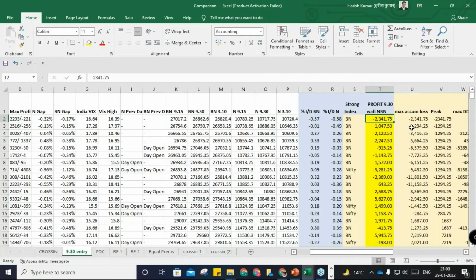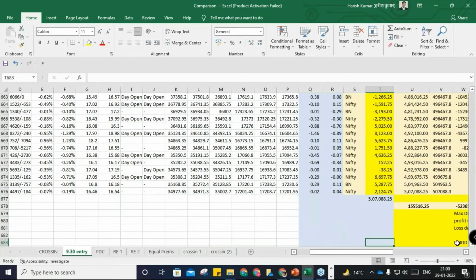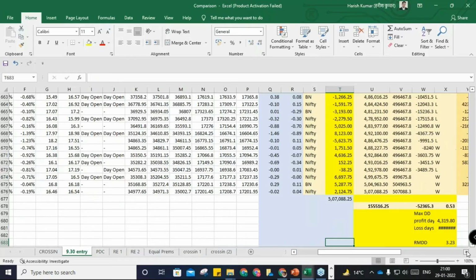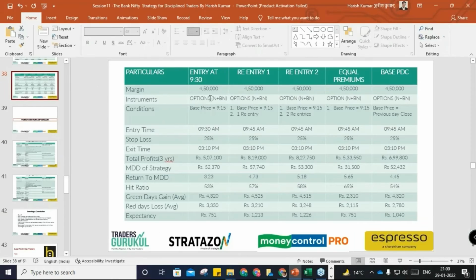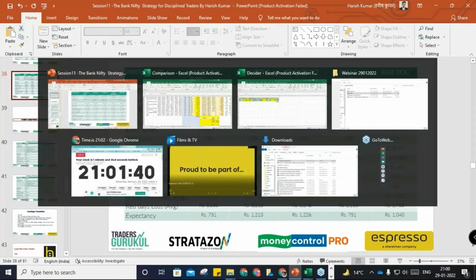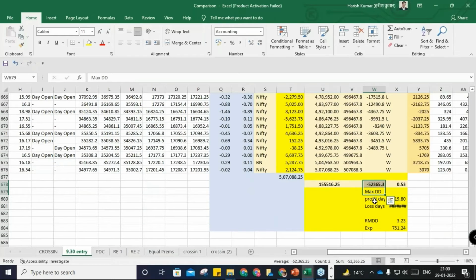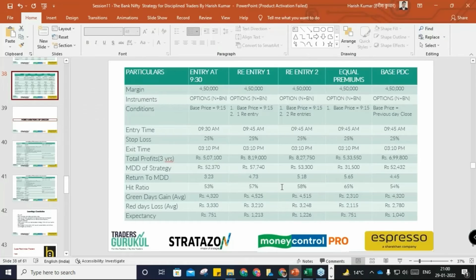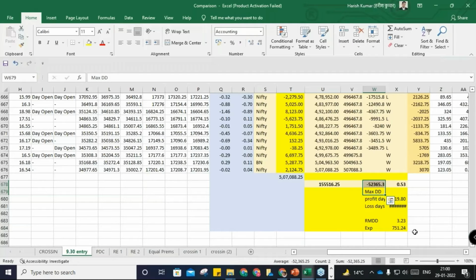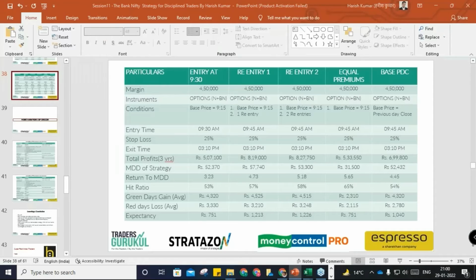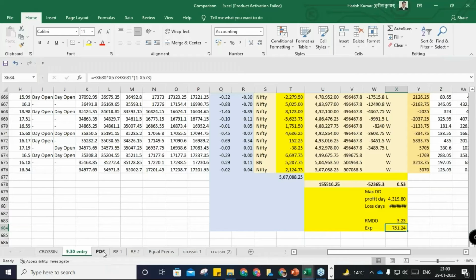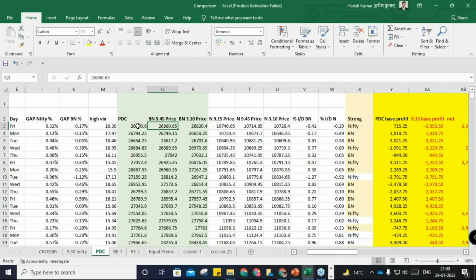Rest everything is same. So you are earning 5,07,000 here. Your max DD is 52,000. Expectancy is 751.